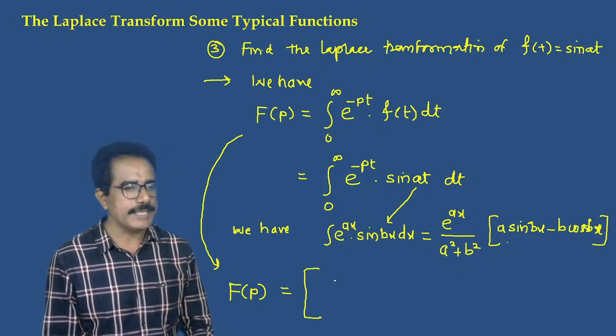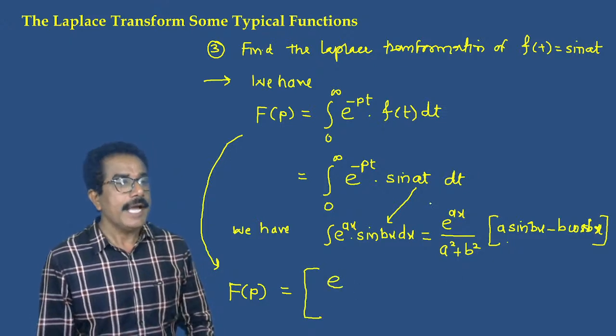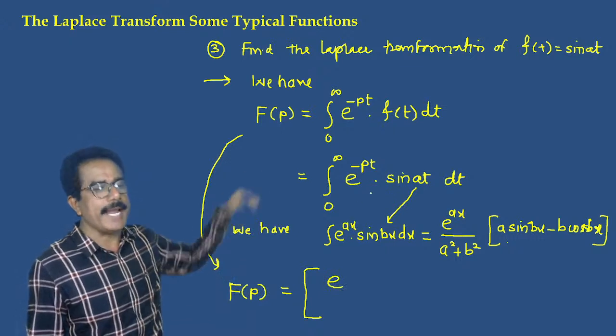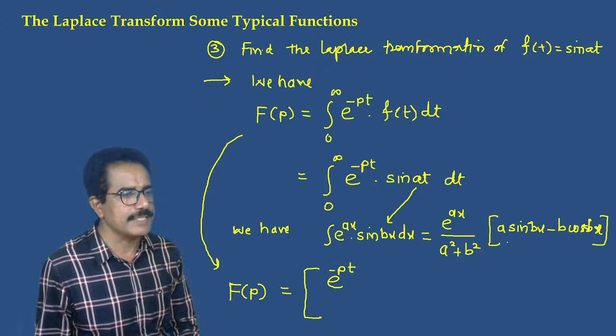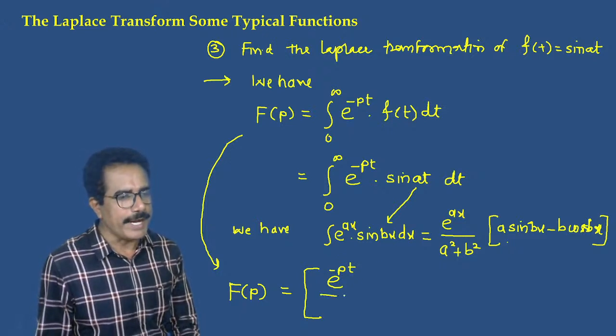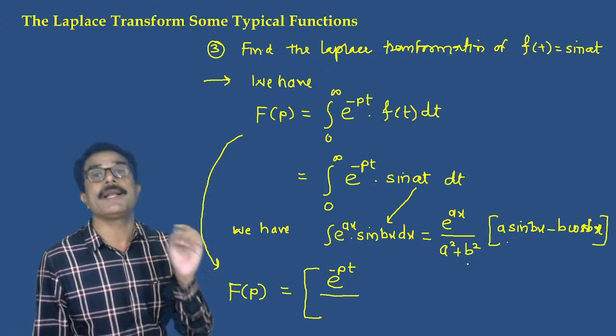Now we have to use this e raised to, actually a means minus p, minus pt divided by a square plus b square.